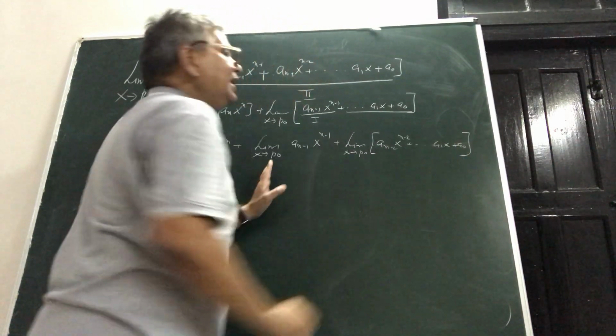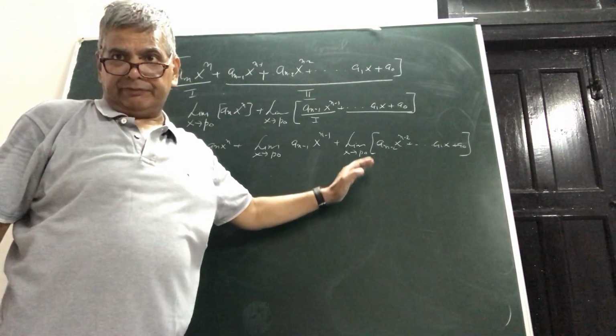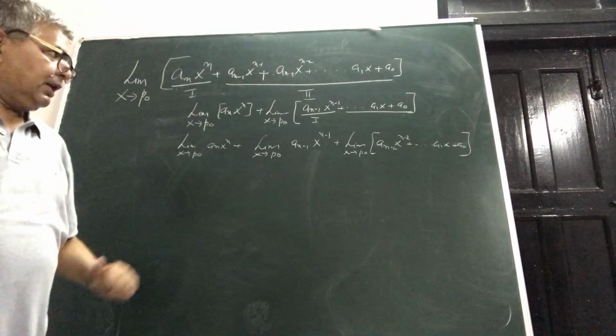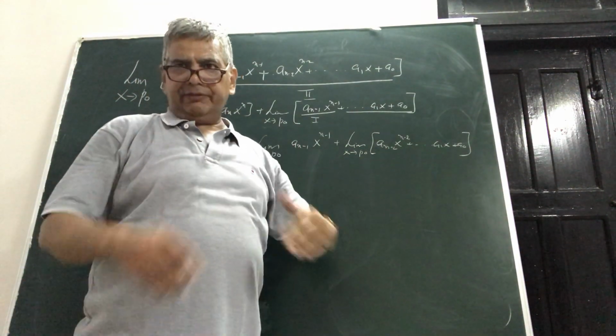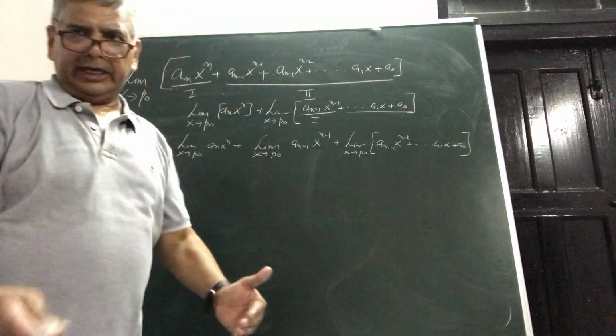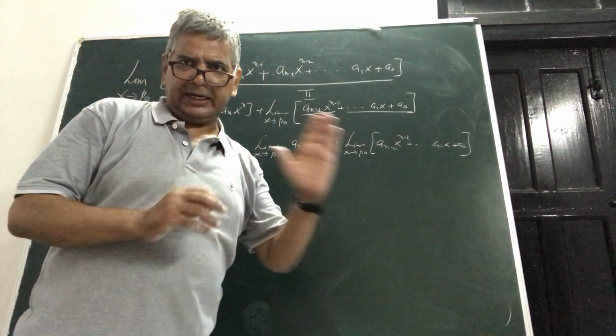Repeatedly invoking this, we show that all these finite terms individually lead to the sum of their individual limits.